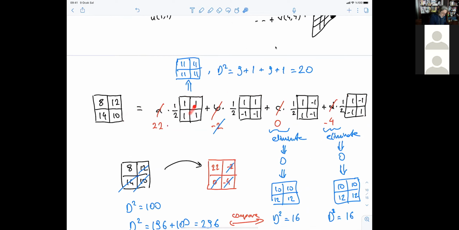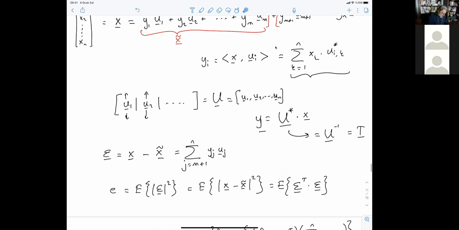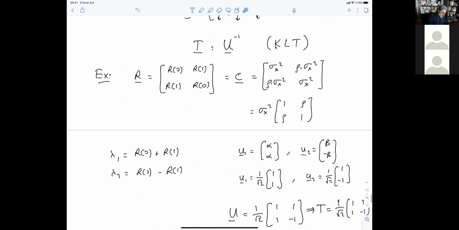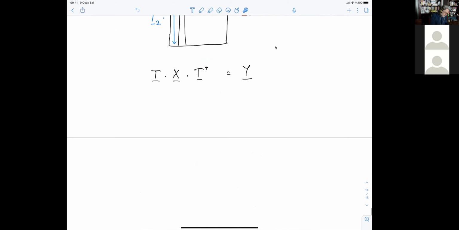This 1 over 2, 1, 1, 1, 1, 1 over 2, 1, 1, 1, 1, 1, minus 1, minus 1, etc. These basis images are, how did I obtain them? I told you before that I have obtained them deliberately. I know what I had in my mind. Now I will explain why I achieved these basis images, because the way to obtain the basis images is as follows.